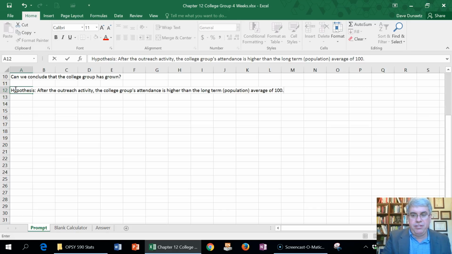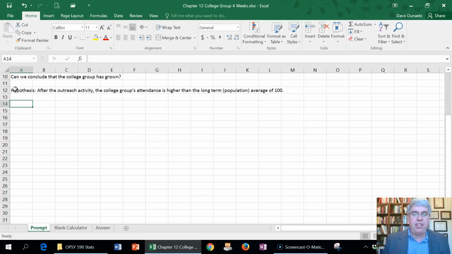We're hypothesizing that it's bigger now, that it's gone up. The way that we're going to do that is with a z-test, where we compare the mean of our sample to the long-term population mean. And rather than doing the calculations by hand, we're going to use a z-test calculator.